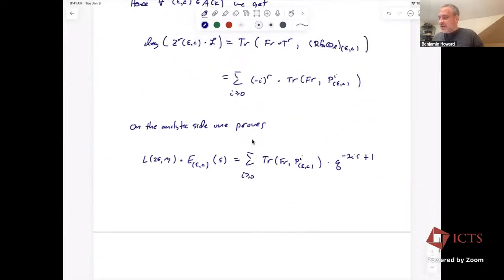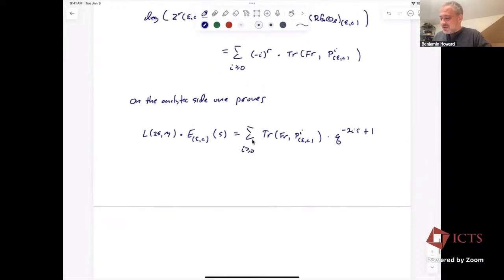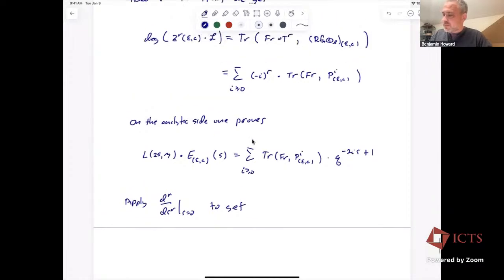And then if you can do that, then you're done. So then you just apply the rth derivative to get this expression up here, exactly as in the last lecture.